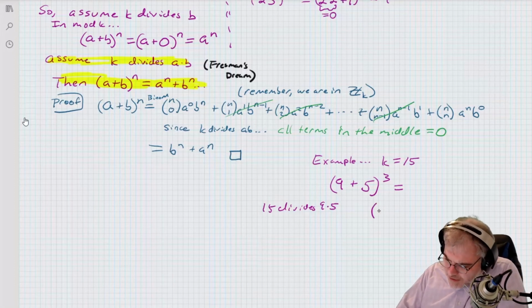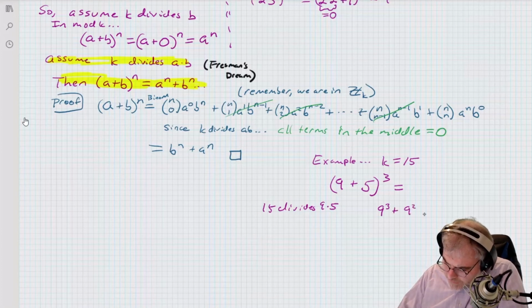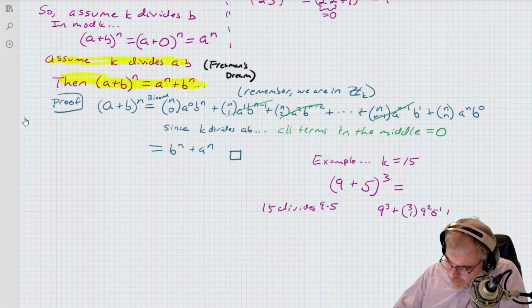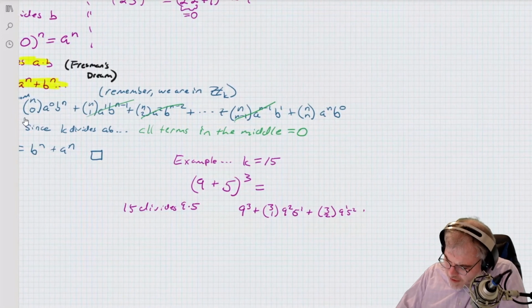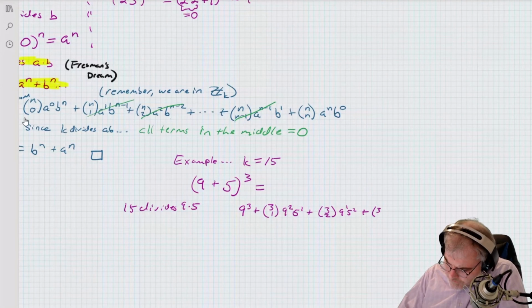If I expand this using the binomial theorem, I'm going to get 9 cubed plus 3 choose 1 times 9 squared times 5 to the first, plus 3 choose 2 times 9 to the first times 5 squared, plus 3 choose 3 times 5 cubed, which is just 5 cubed.